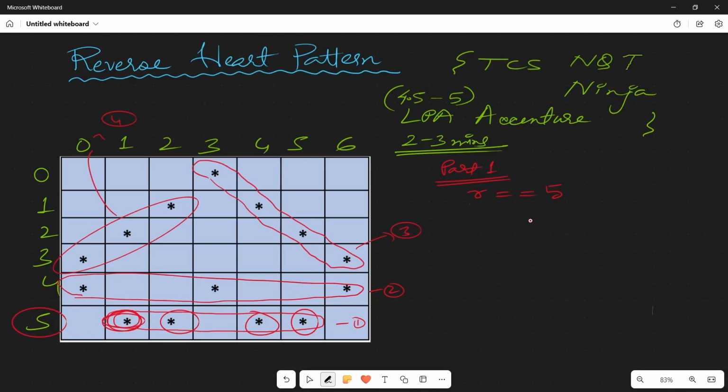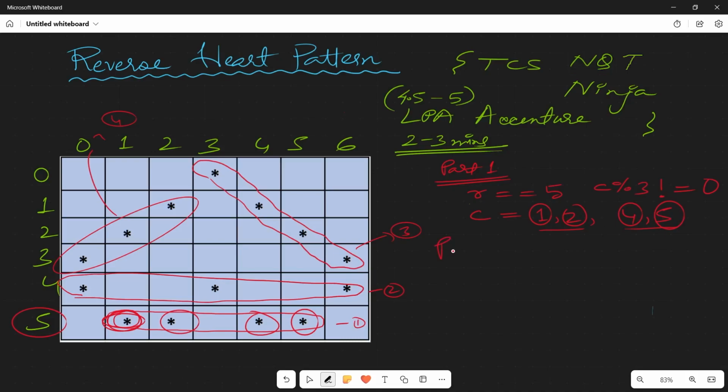So for the stars, column numbers are column equal to 1, 2, 4, and 5. Okay, is there any relation between these 4 column numbers? Can you figure it out? If I tell you that the column numbers are not divisible by 3, will you agree? Because 1, 2, 4, and 5, they are not divisible by 3. So I can take this as the condition.